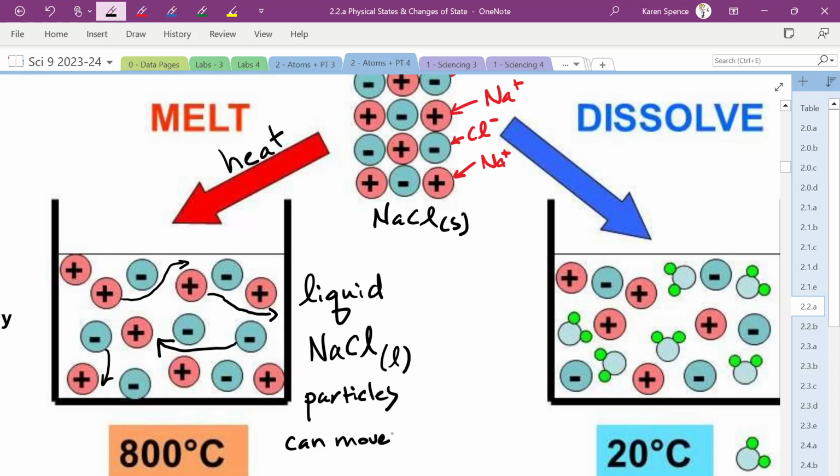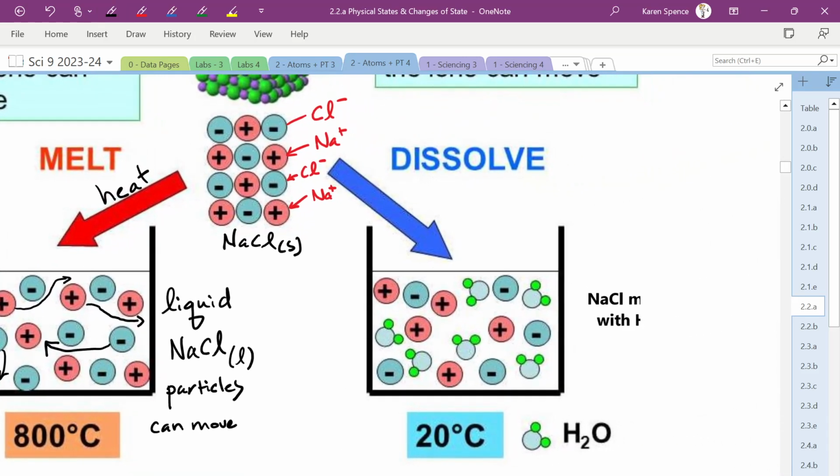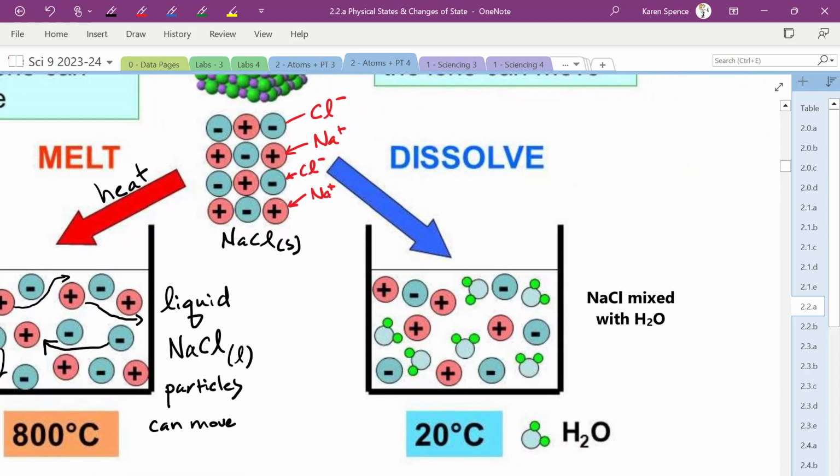Now, on the other hand, if we want to make it aqueous, instead of heating it, we are going to add what? Water. So we add water.